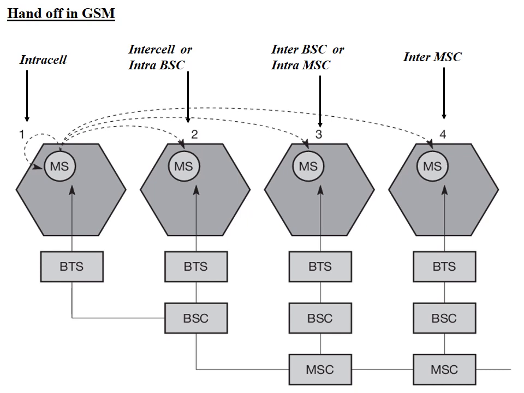This handoff then has to be controlled by the MSC. This situation is shown in this third scenario. So the mobile station moves from one cell to another cell, and these two cells have different BSCs, but are operating under the same MSC. Such a handoff is called an inter-BSC or intra-MSC handoff.